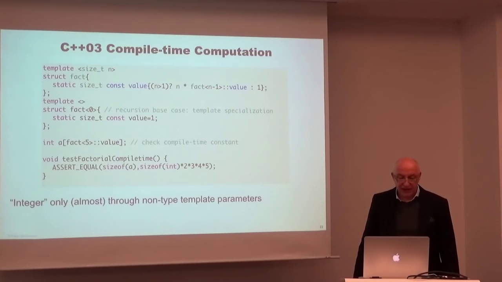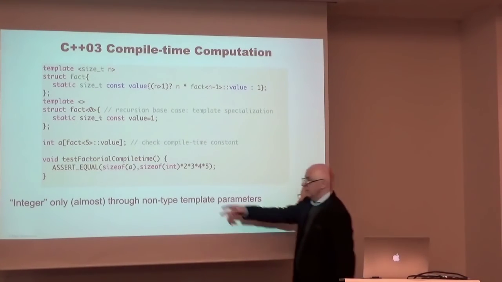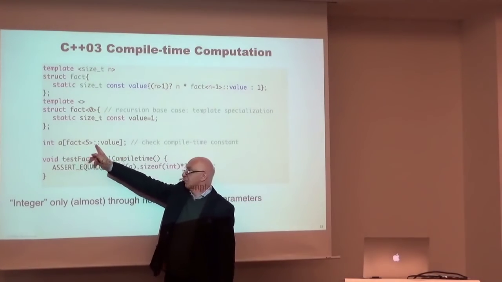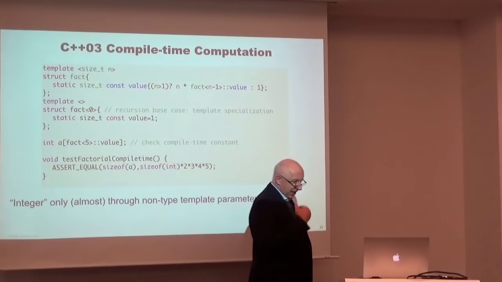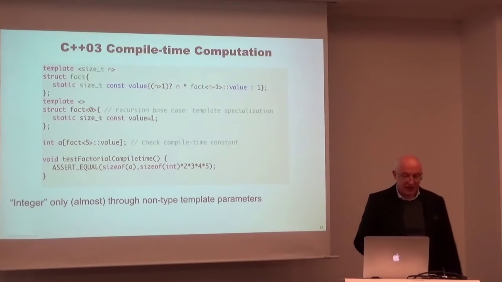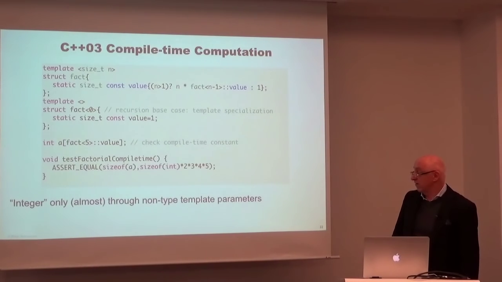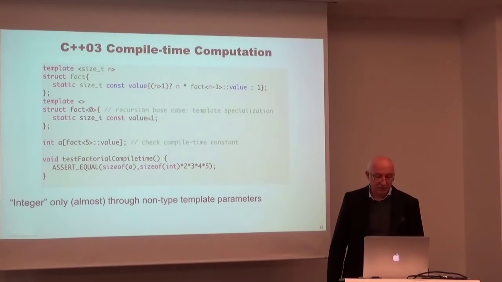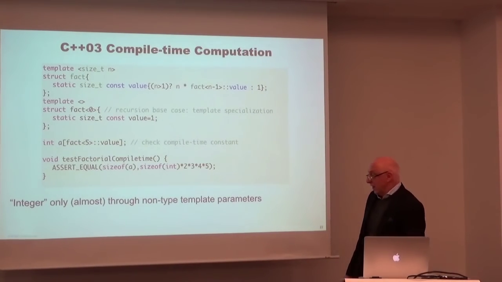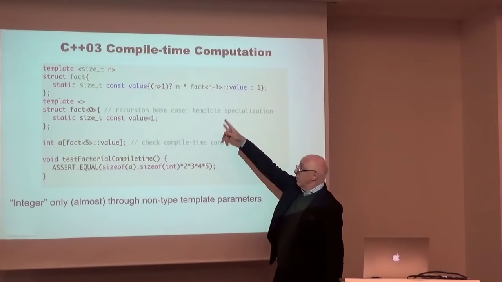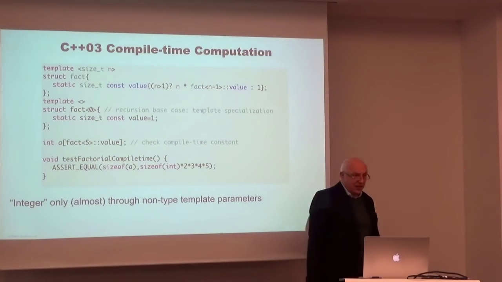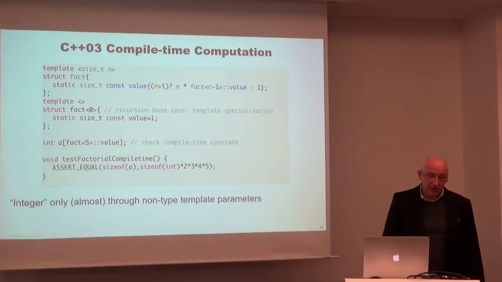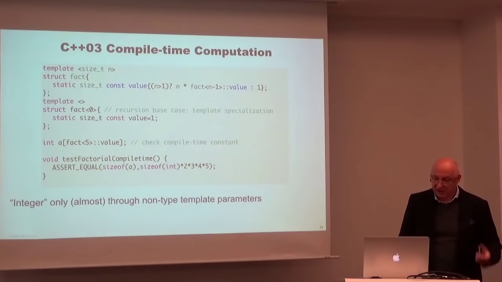So you cannot omit this base case full specialization of our factorial template class. And the proof of the pudding is using it in a constexpr context. If that compiles, we have the check that the factorial 5 value is actually computed at compile time. Otherwise, the array wouldn't be able to be created by the compiler. The bad thing is we can only use more or less integer values as non-type template parameters and arguments.